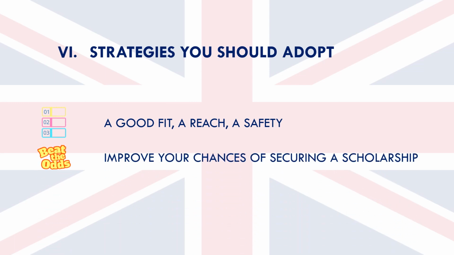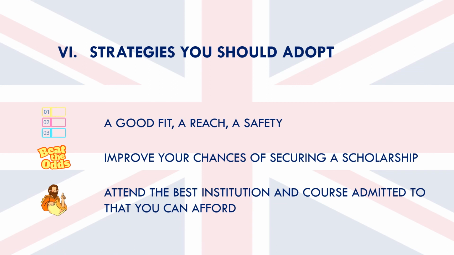You can improve your chances of securing a scholarship by applying to more safeties, because if you are much better than the average applicant to the institution, you're more likely to be awarded a scholarship. In general, attend the best institution and course you're admitted to that you can afford.